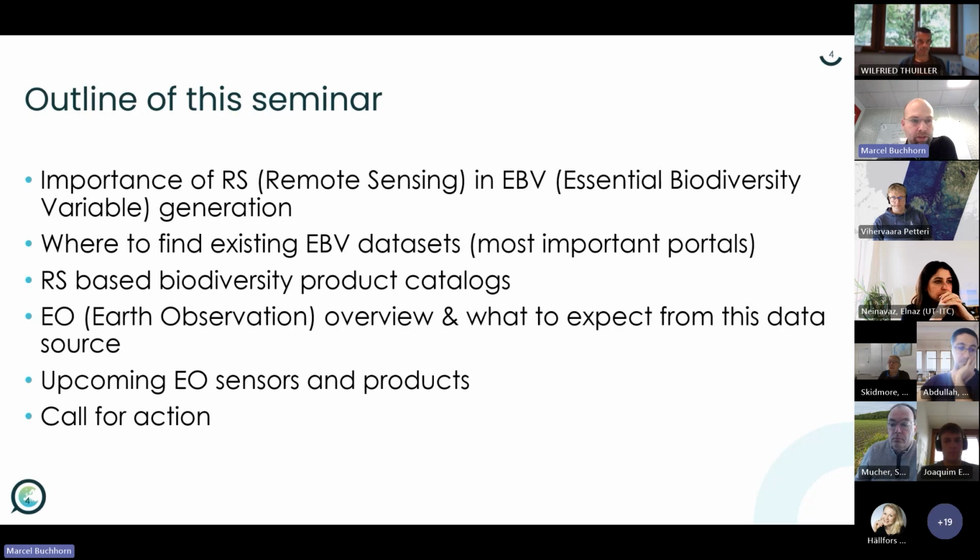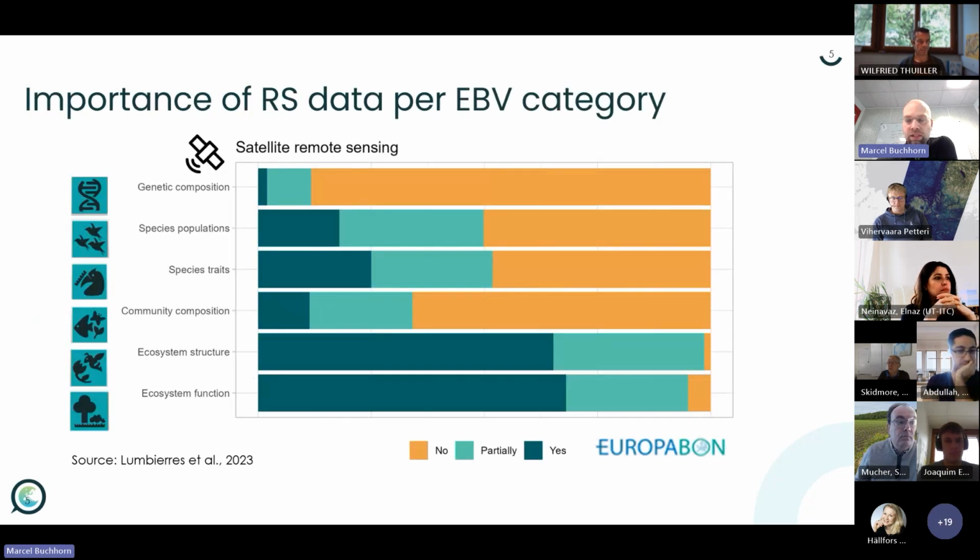Within the EuropaBon project, there was an expert ranking in a questionnaire of which EBV classes can be best supported by remote sensing. As you can already see, it is mainly ecosystem structure and ecosystem function where remote sensing will have a huge impact.